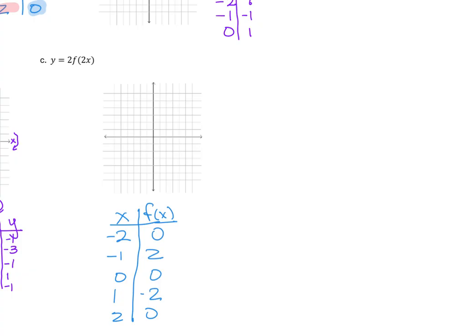Do we have any horizontal stretching, compressing, or reflecting? We do. The first thing we have here is this 2 on the inside. Remember that we want to do the opposite of what it says. So instead of multiplying our x's by 2, we want to divide them. It is a horizontal compress by 2 or by 1/2, depending on how you want to think about it.